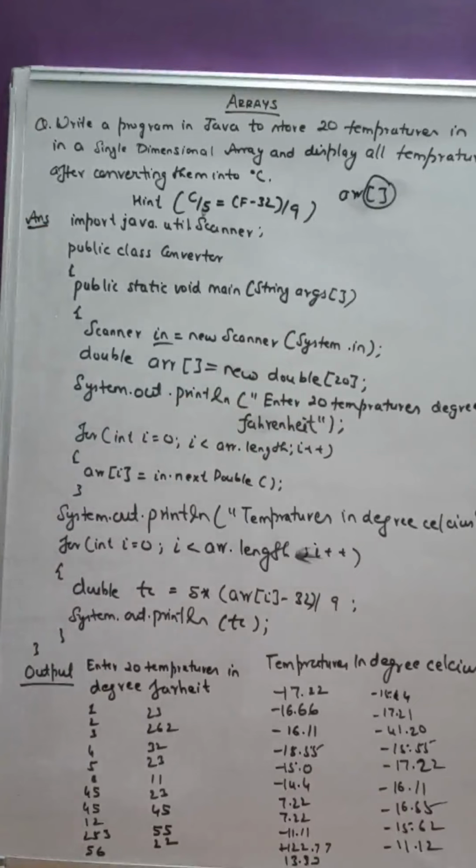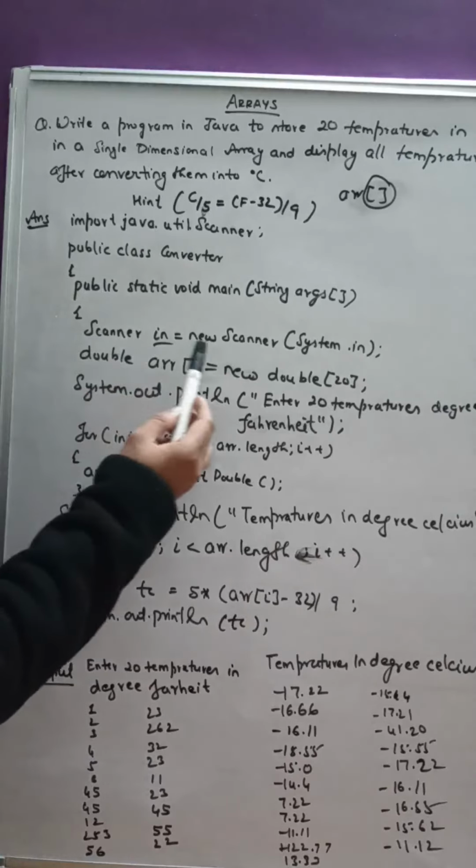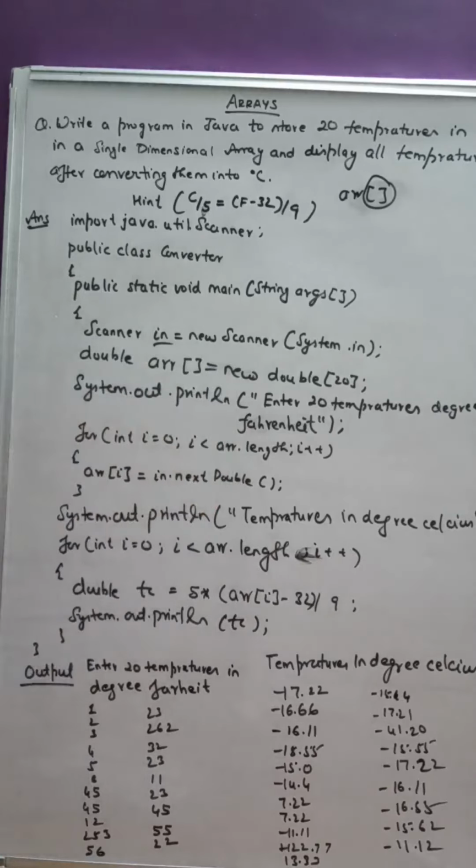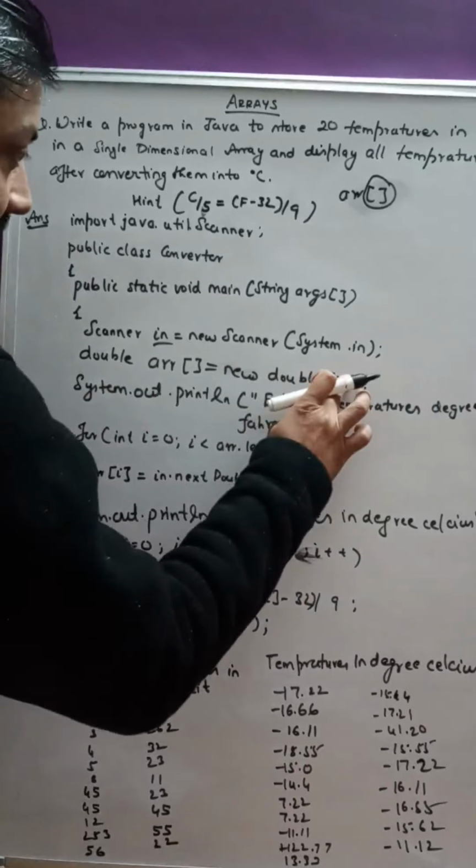Before that, you need to declare an array, and because we have to take 20 values and the value can have a fractional part, we have declared this array arr as double, and we have declared the size of this array as 20.